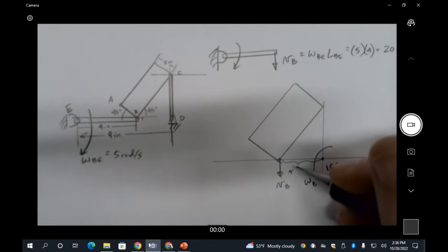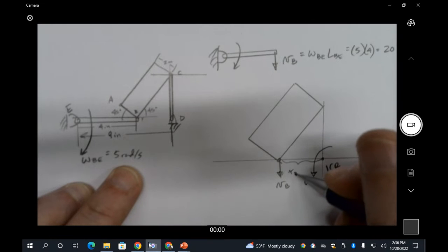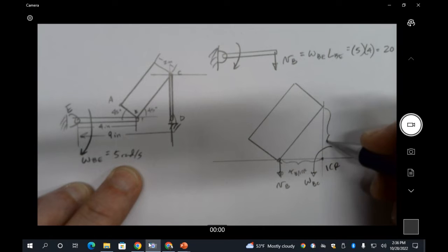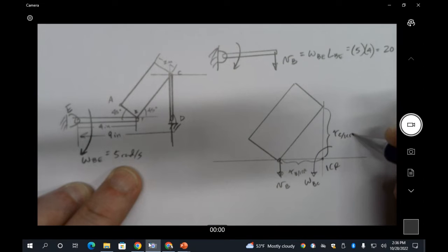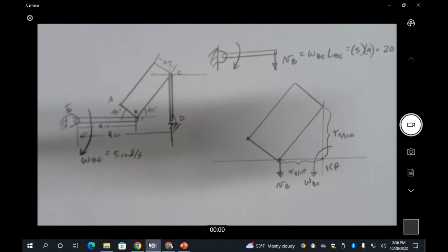And this is R B with respect to ICR. And right here is our C with respect to ICR. But we don't really care about that because I believe that the problem was asking for point A.